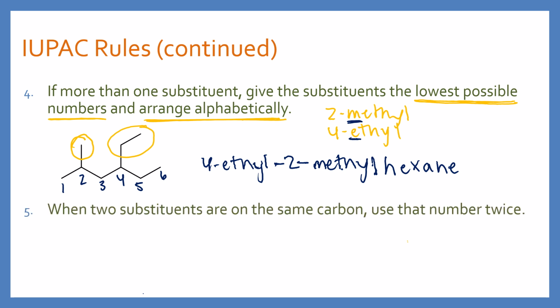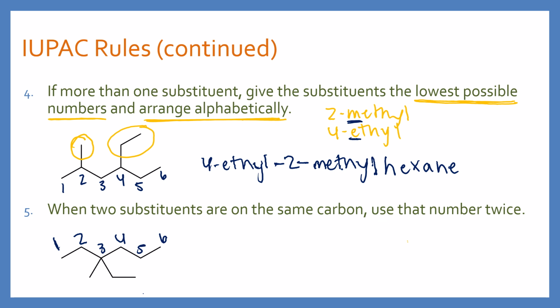When you have 2 substituents on the same carbon, you use that number twice. So here's another example. You'll notice that these are actually the same 2 substituents we had above, and is also the same parent compound. So we have 1, 2, 3, 4, 5, 6. I'm numbering from left to right because my substituents are closest to the left. So I'm going to use my number twice as my locant.